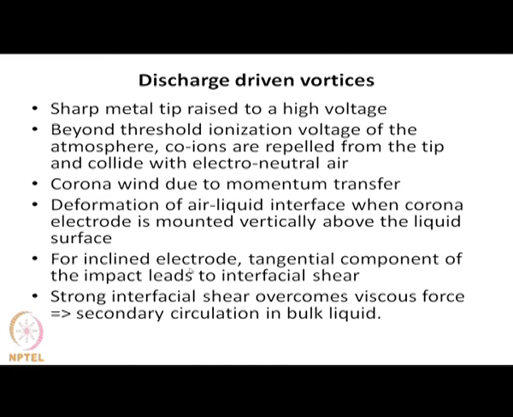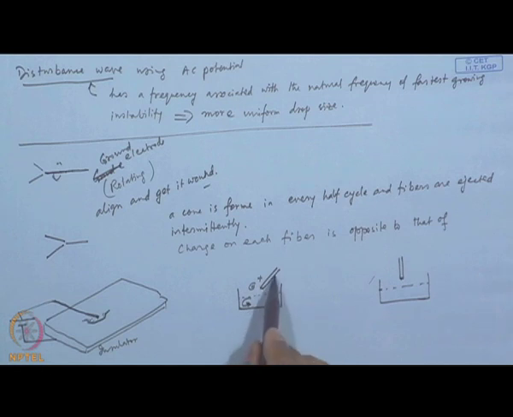So, if you have an inclined electrode here, what this will cause is a tangential component of the impact leading to interfacial shear.